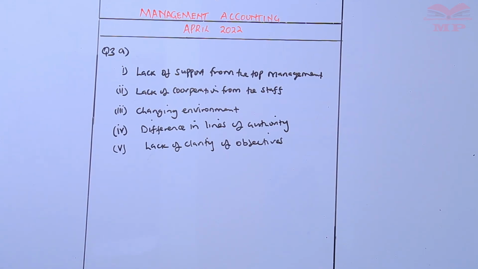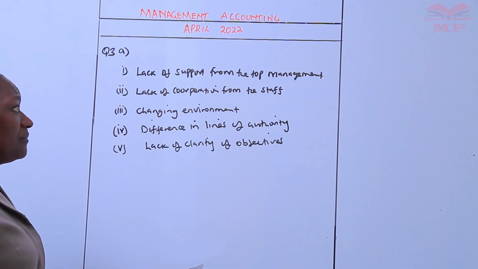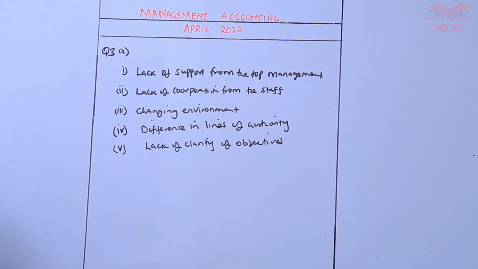It is the top management that can facilitate or ensure that the installation of that system is done in the proper way, and again their support will ensure that the other staff also cooperate so that the system is installed effectively. So if we have lack of support from the top management, it may be a challenge during that process.